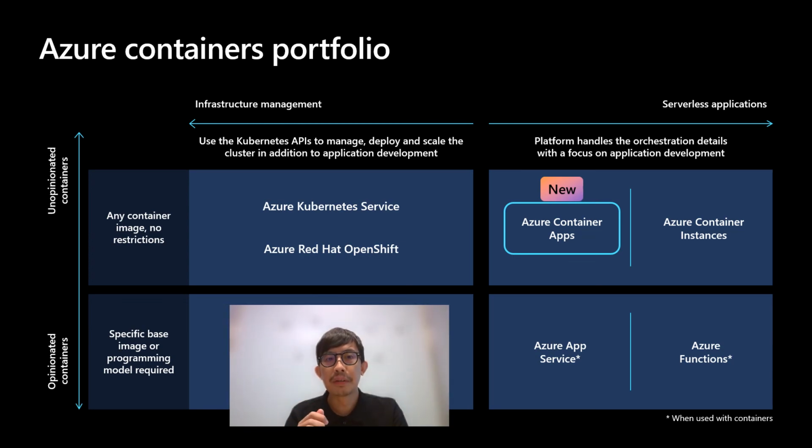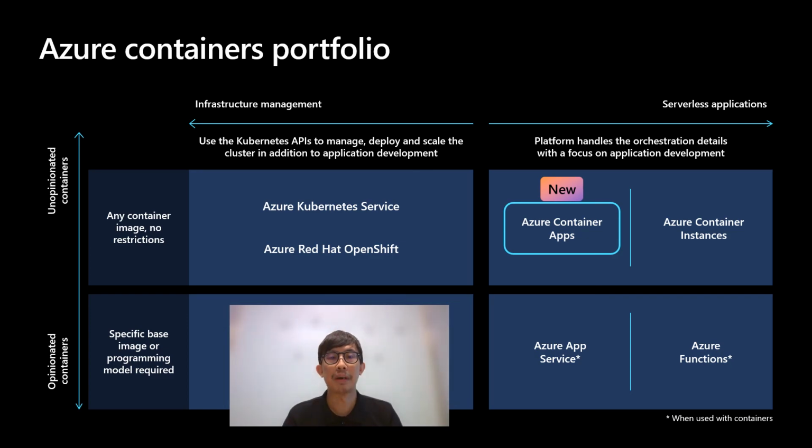With respect to this portfolio of options, the two axes here are very useful. The well-architected framework recommends use of PaaS as much as possible. To that end, on the x-axis, the more to the right it is, the more managed it is as a PaaS. The platform handles more, and you focus more on application development.